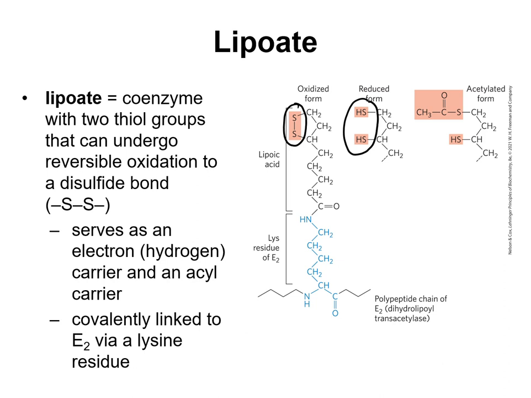This is attached to a lysine residue that's a part of the E2 enzyme. So you can imagine if that lysine residue were mutated to something else, you would completely lose functionality of PDH.